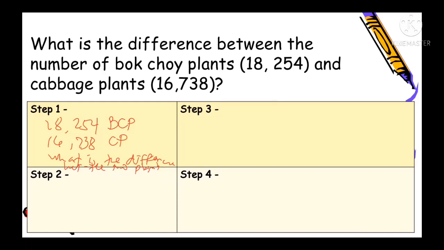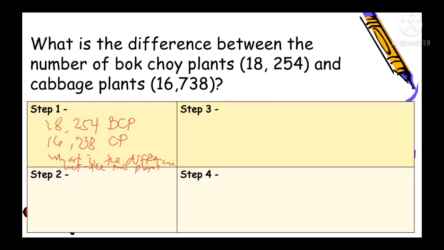Alright? Step 2. Now we need to identify a clue word in the question first. If we didn't see any clue word in the question part, we will move on to the other part of the problem. Alright? So since here we already started with the question, what is the difference between the number of two plants?